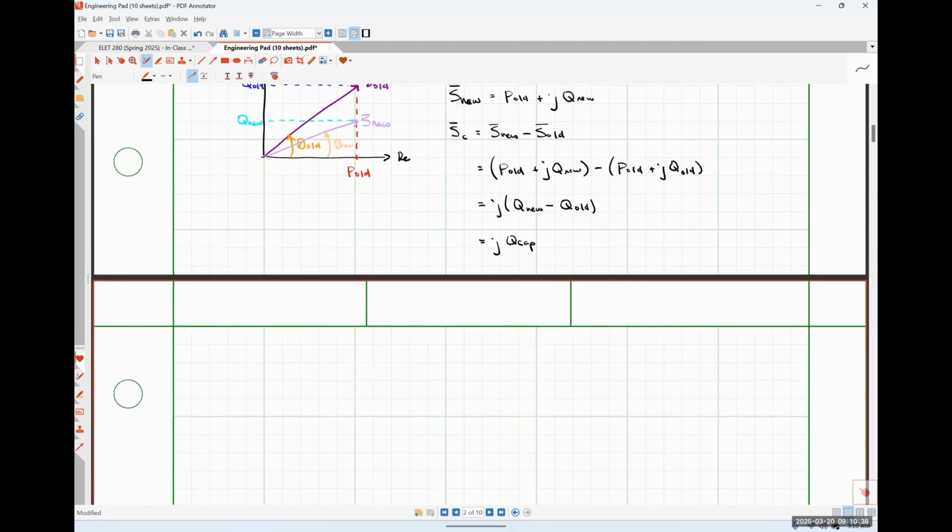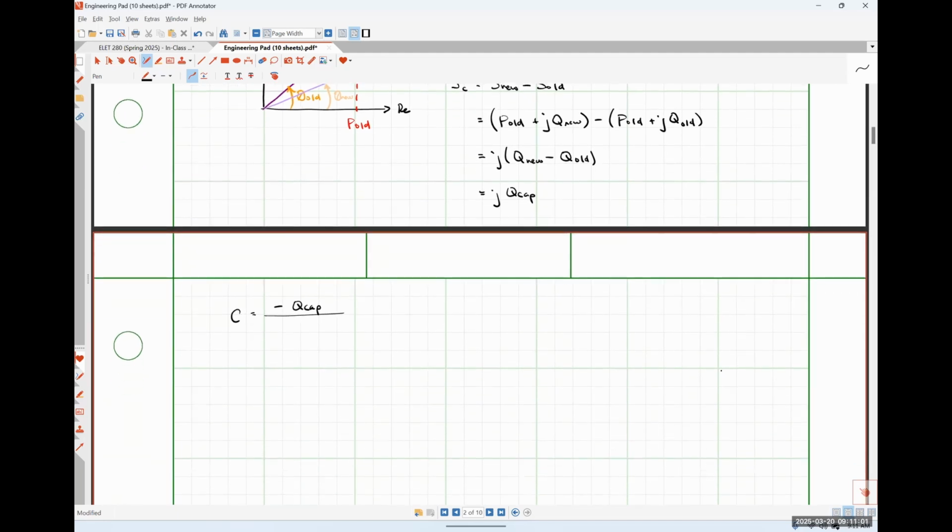Okay. So that relationship is going to be C is equal to negative Q cap. Since Q cap is always negative, putting an extra negative sign there is going to turn that into a positive quantity because we're going to want our capacitor to be some positive value. They don't make negative capacitors. Divided by omega times the magnitude of the voltage across the capacitor squared.